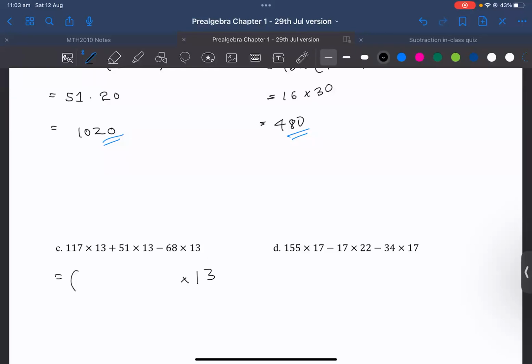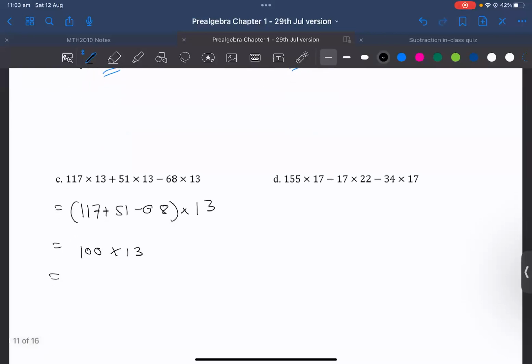It doesn't matter which side you take. You can take it out to the left or the right. You're left with 117 plus 51 minus 68. You add all these up together and end up getting what? 100. 100 times 13. It's just 13 with 2 zeros on it. 1300. That's the answer to C. So you see all these hard multiplications are made easier just by doing this.